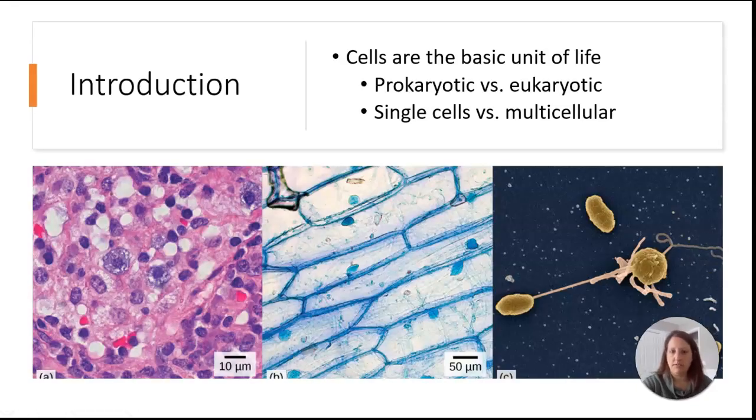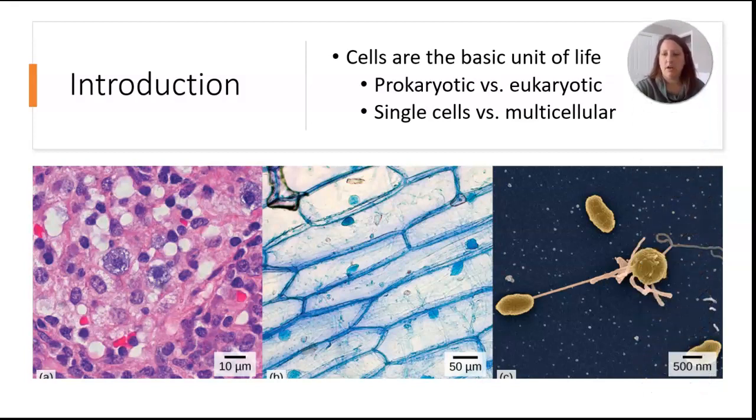So to start, I want to talk to you a little bit about cells and the different types of cells and different types of organisms on our planet. So cells are going to be the basic unit of life. Okay, and so what that means is that single cells can actually live, where if we were to take apart a cell, right, which we're going to learn about the organelles, the parts and pieces of a cell, those are not considered to be alive.